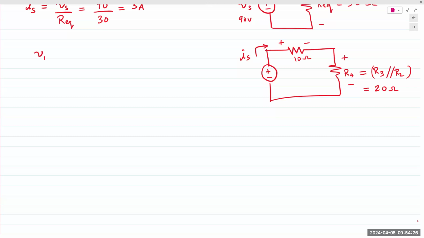I can write VR1 is equal to IS times R1. Don't you need a calculator for this? And VR4 would be IS times R4.